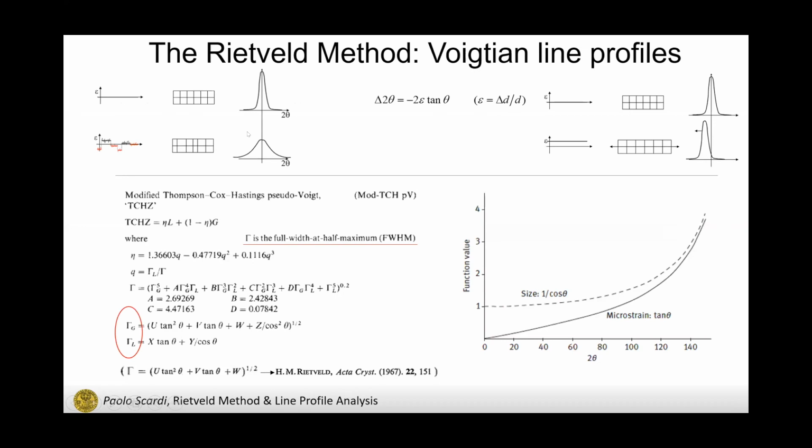However, it's known that this broadens the peaks. And as I said, you can extend this tangent law to the peak width, full width at half maximum, and now to the microstrain, which is basically the RMS strain, the standard deviation of the strain distribution.